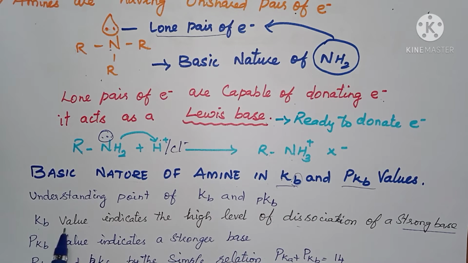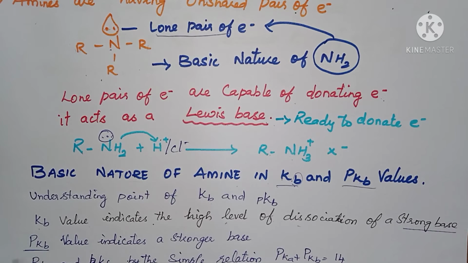A higher Kb indicates a higher level of dissociation, with ions completely dissociated in solution. The pKb value indicates the stronger base.